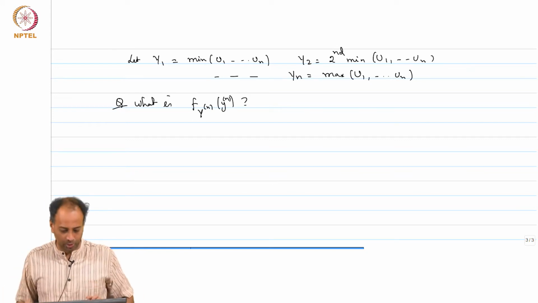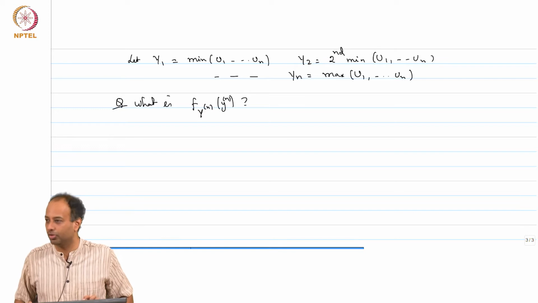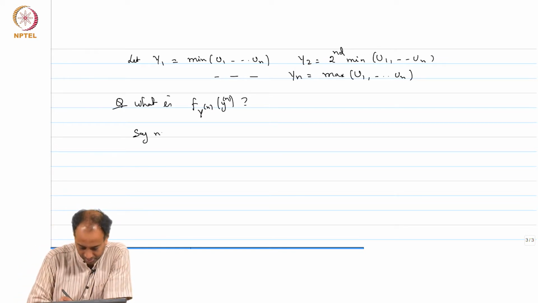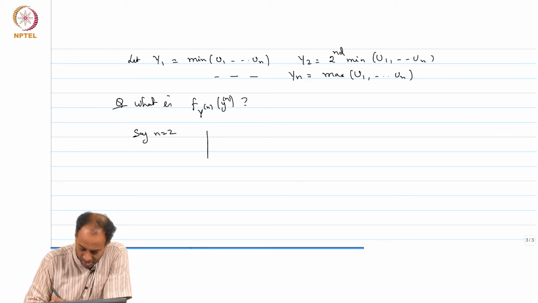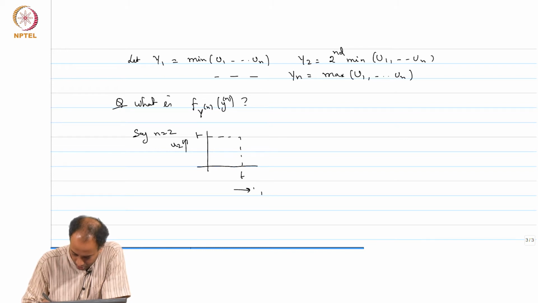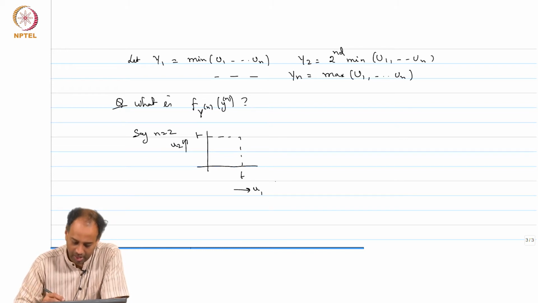See, we can calculate this actually using a simple intuitive argument. Let us say there are only two variables u1 and u2 which are uniform, all right. So for u1 and u2, this is 0 to t, 0 to t, this is the axis for u1, this is for u2, and this is small u1. I know that u1 and u2 are independent and uniformly distributed in the square, right.